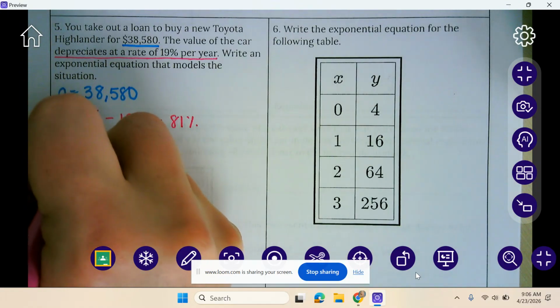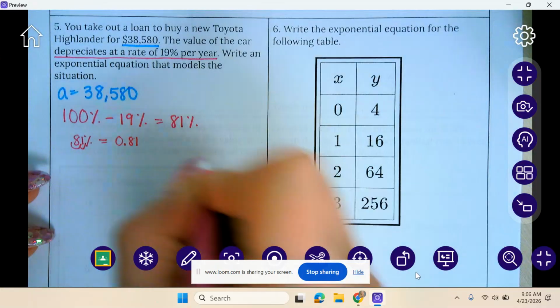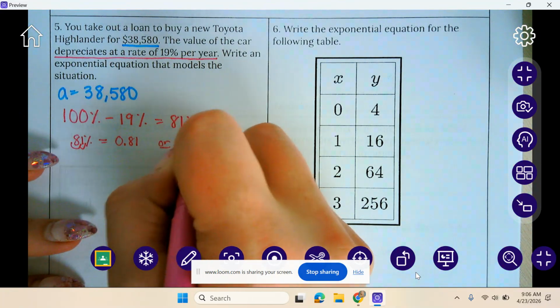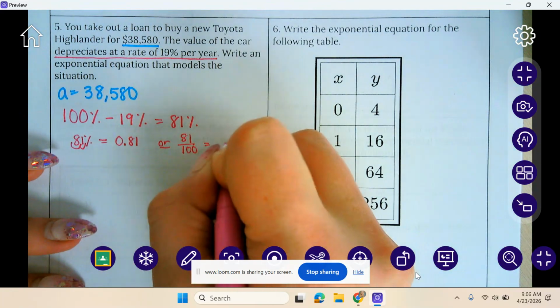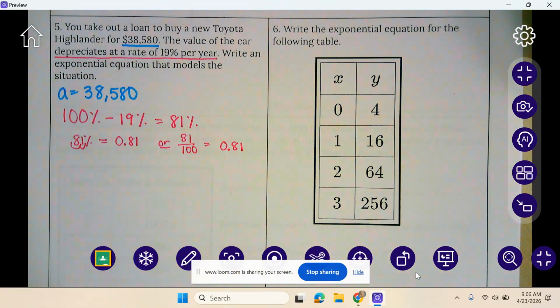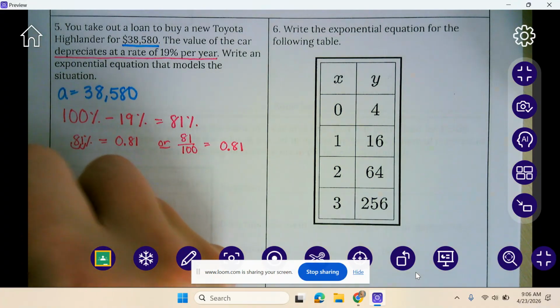If you have 81%, you can move the decimal over 2 places, so that's 0.81. Or if you prefer Desmos, it's 81% out of 100%, so you could type in 81 out of 100, and that would give you 0.81. This right here would be our B value.